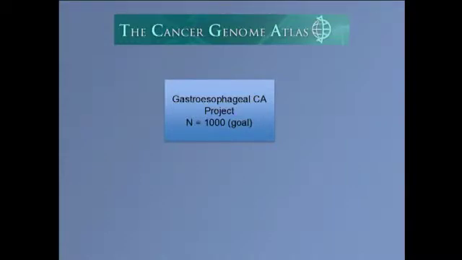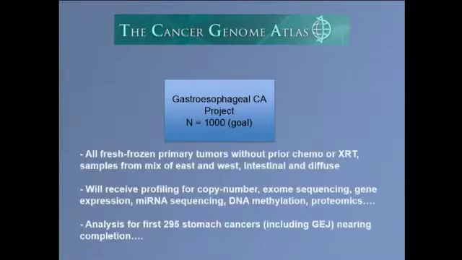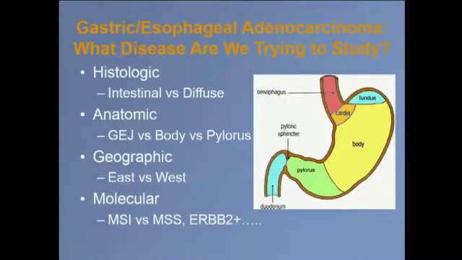Our goal is to get 1,000 cases. I think we're going to get about 700, to comprehensively map out what is altered in these cancer samples. I don't want to get into the weeds too much, but we've completed our first about 300 cases so far, and our analysis is now submitted for publication.